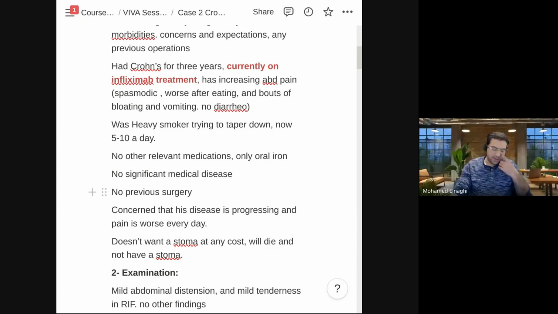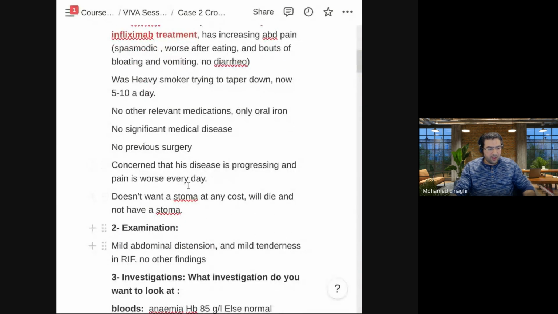Okay, so the patient tells you that his gastroenterologist told him that his disease is causing narrowing of the bowel, and they think it's better for him to have an operation because medical treatment will not be effective with the stricturing anymore.